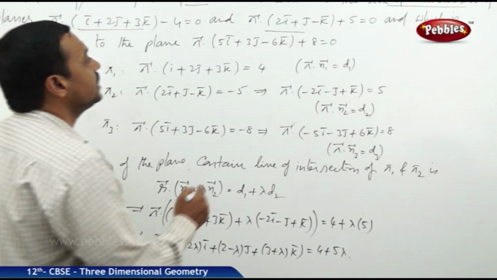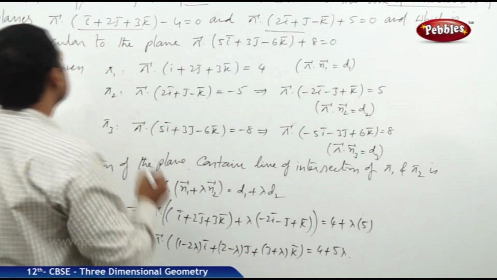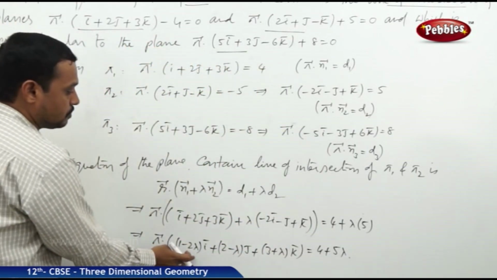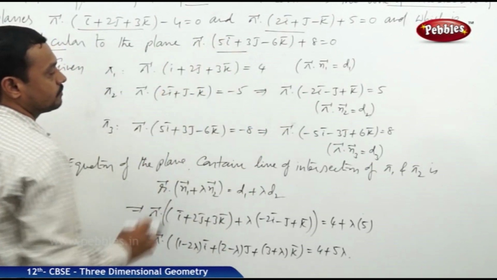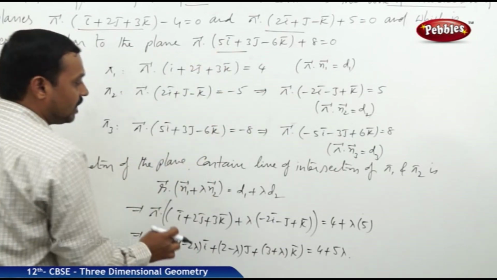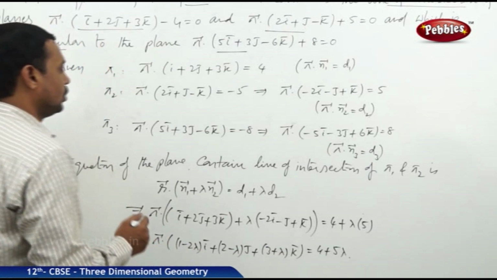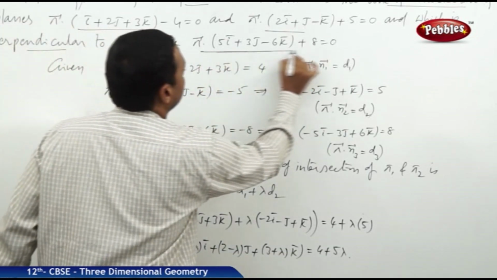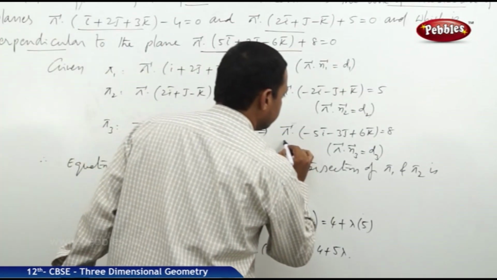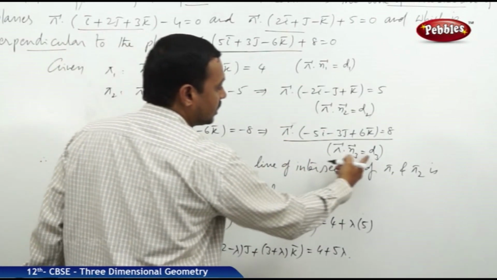But there is one more condition given, that the required plane is perpendicular to this plane. So this plane is perpendicular to this. Therefore, again we can apply the formula a1 a2 plus b1 b2 plus c1 c2 is equal to 0. But here the third plane pi 3 is changed into the form r dot n3 is equal to d3.